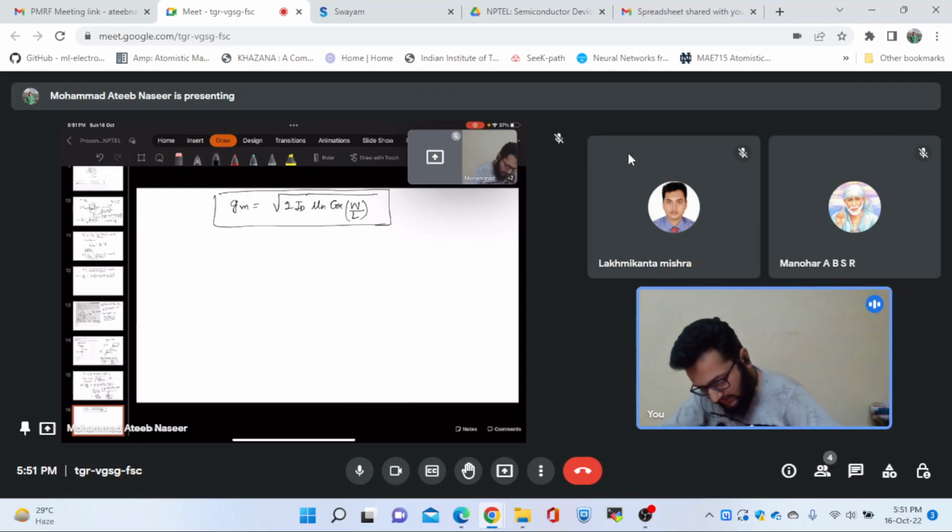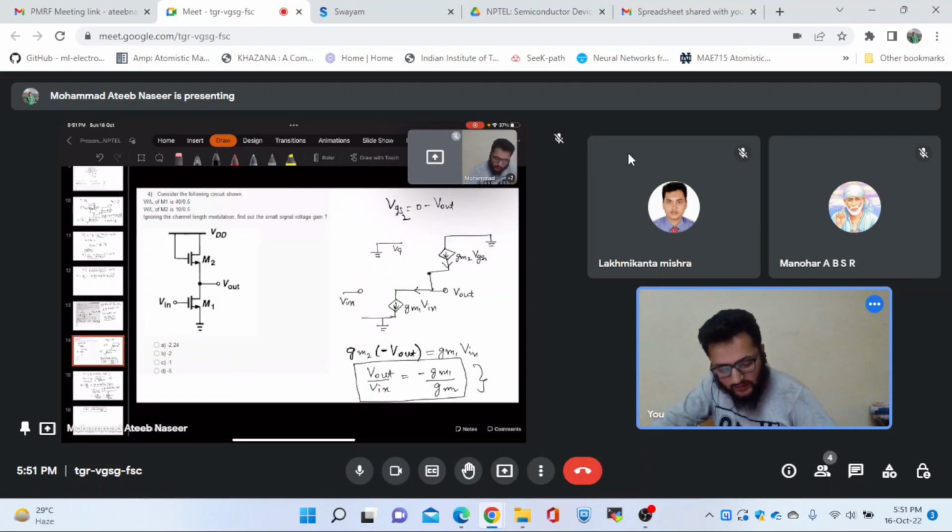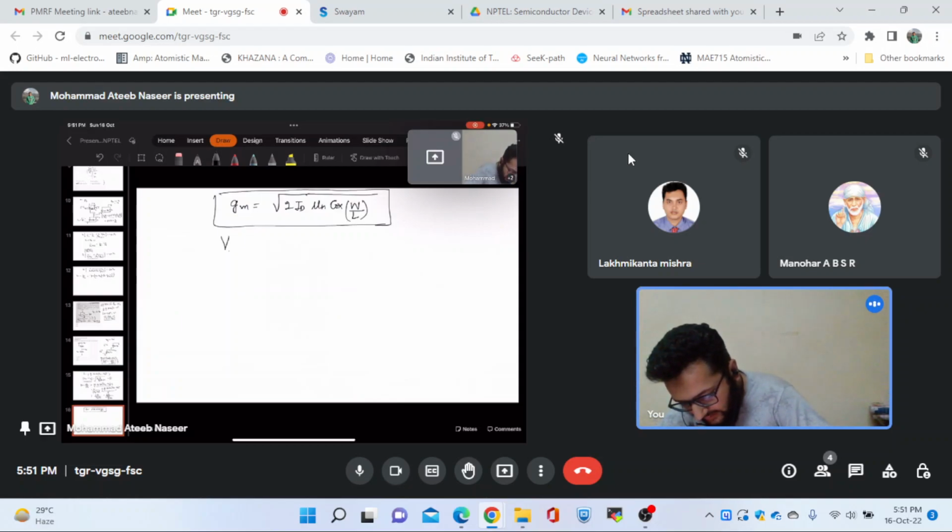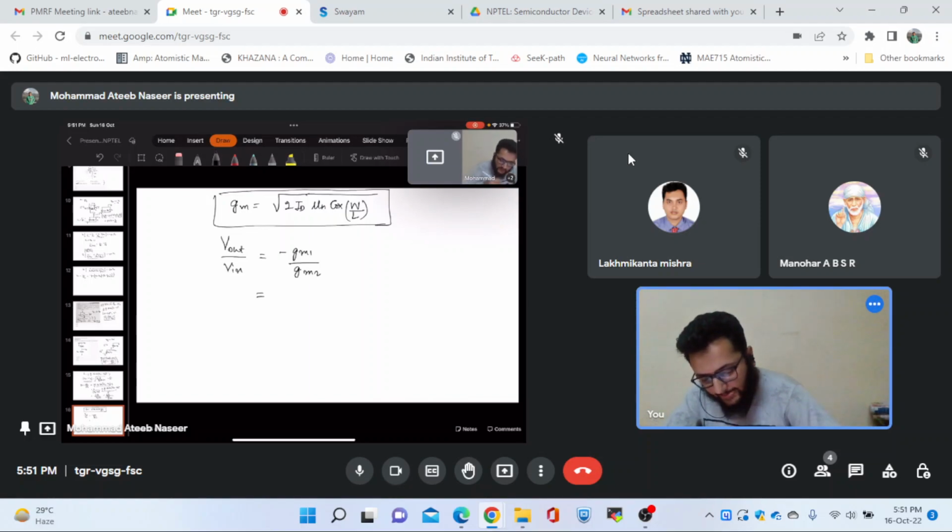Now we got the ratio of output to input voltage, that is the gain, to be equal to minus Gm1 by Gm2. So V0 by Vin is equal to minus Gm1 by Gm2. Let me write down Gm1.